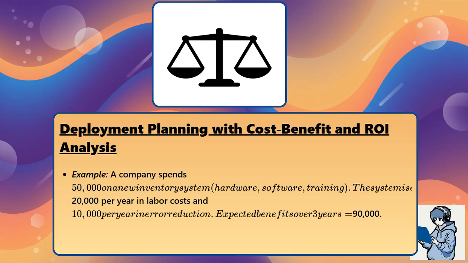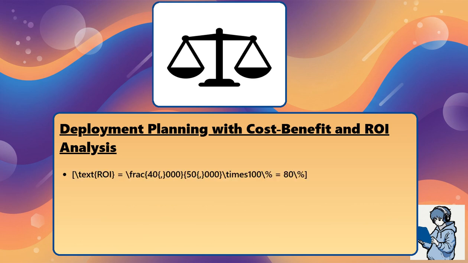Expected benefits over 3 years equal $90,000. Net benefit equals $90,000 minus $50,000 equals $40,000. ROI equals $40,000 divided by $50,000 times 100% equals 80%. Thus, the investment returns 80% of its cost over 3 years.